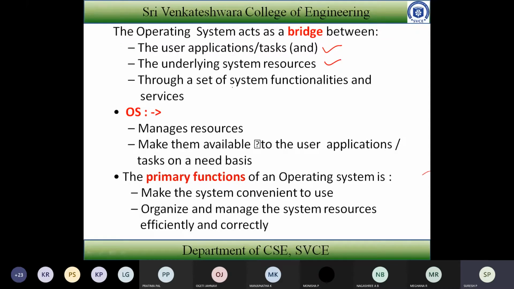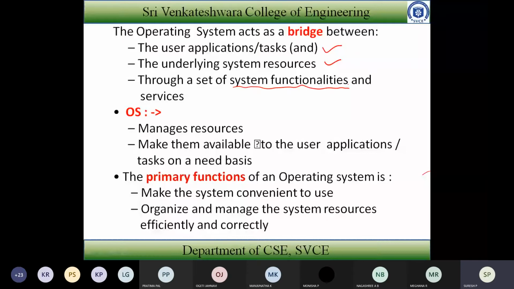The system provides some system functionalities and services, and with the help of those you access the different resources of the hardware. The underlying system resources are nothing but the hardware. So the general definition is that the operating system acts as an interface between the user and the hardware.